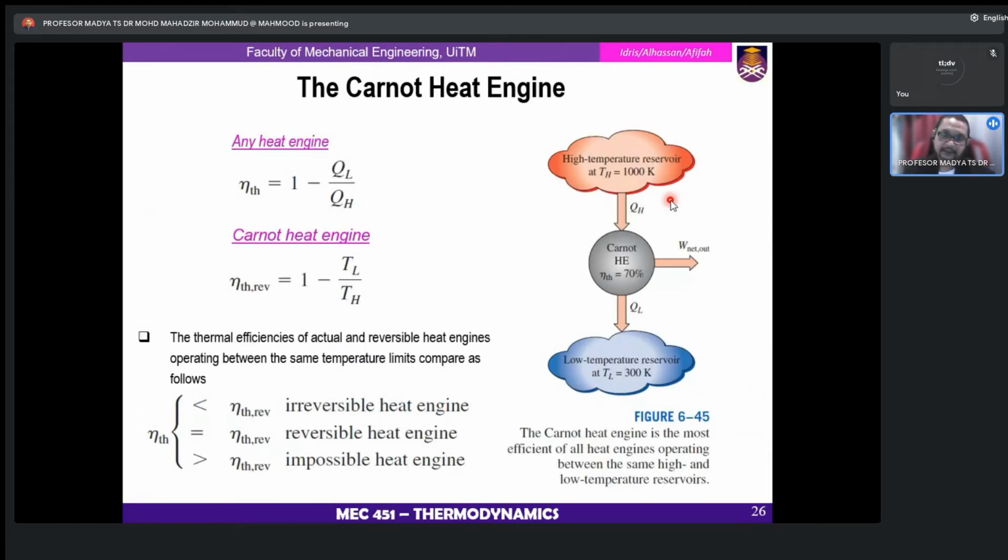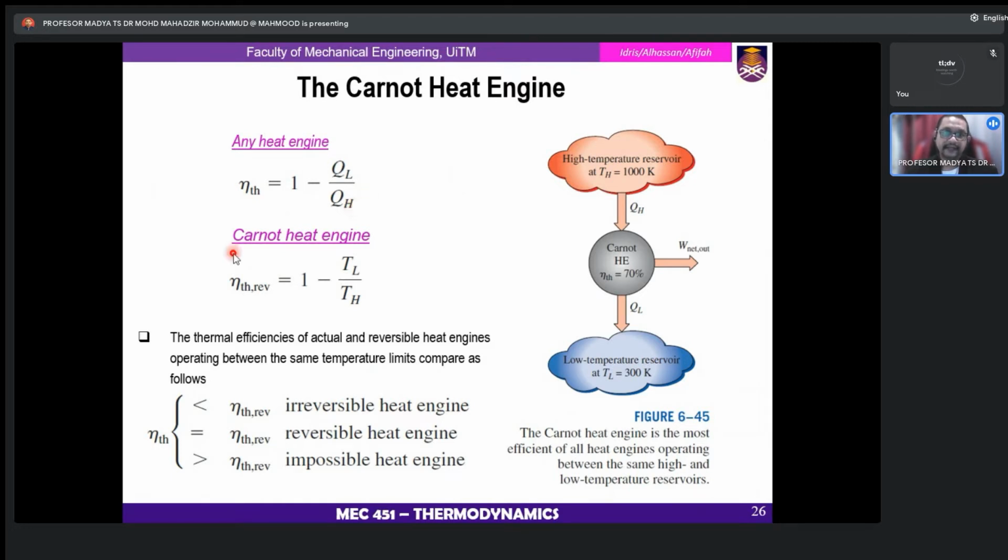Just now I told you about the Carnot cycle. Now we go to Carnot heat engines. For any heat engine, the thermal efficiency can be calculated with the formula 1 minus QL over QH.